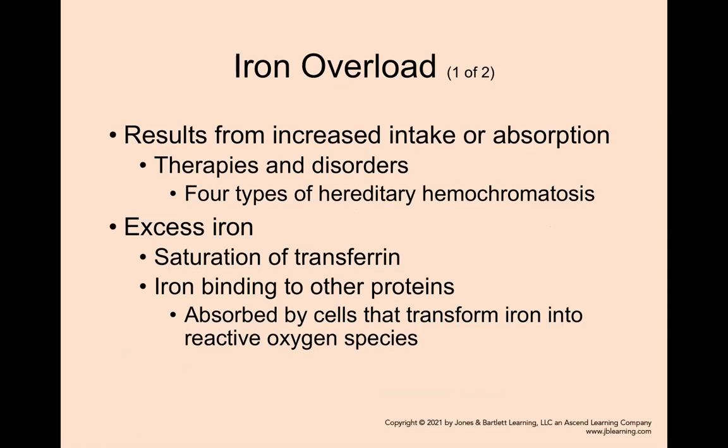And basically, when there's excessive iron, it saturates the transferrin and there's iron binding to other proteins. It is absorbed by the cells that transform into iron and a reactive oxygen species. Too much iron gets in the blood cells.